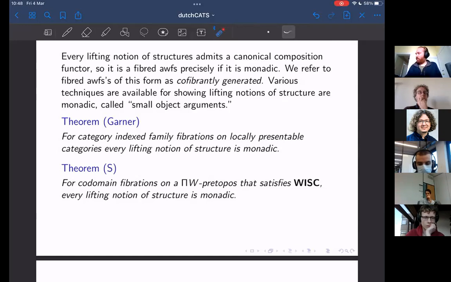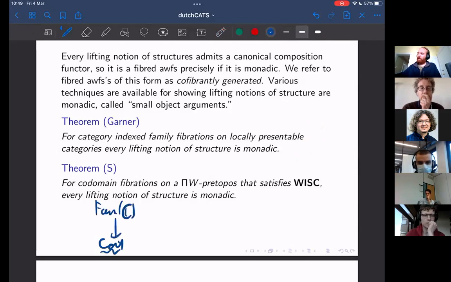This is the classic version by Richard Garner. The way I like to think about this is as something which lives over the category-indexed families fibration. Just like with set-indexed families, we can also have category-indexed families. In this case, an index object is a small category, and a family is a functor into the category C that we're actually interested in.